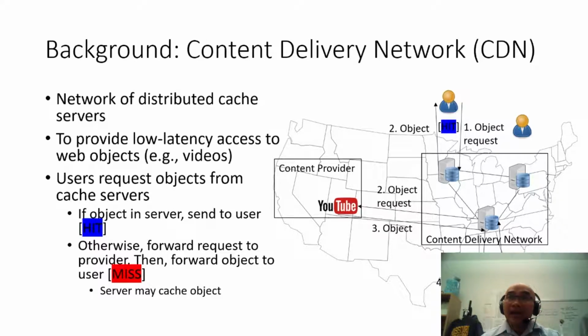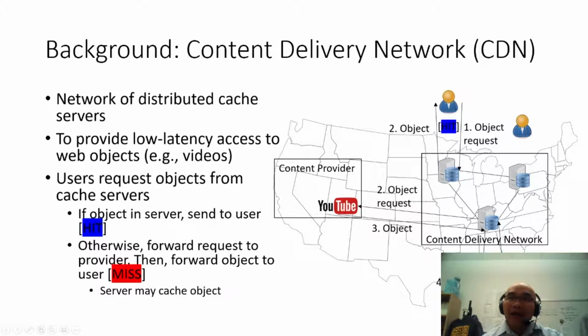Now let's say in this case the cache server does not have the object. So what the server does is that it forwards the request to the content provider, and then the content provider responds with the requested object, and then the server forwards the object back to the user.